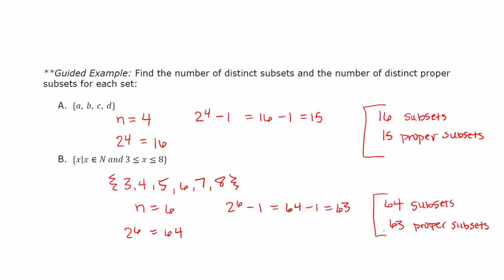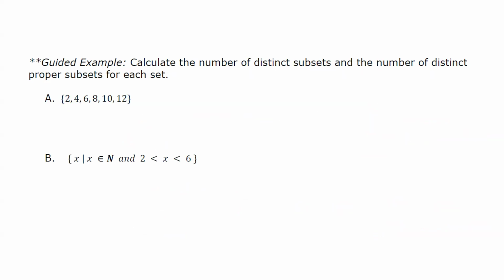Okay. All right. Let's do a couple more. Again, we're calculating the number of distinct subsets and the number of distinct proper subsets for each set. For our first one here, we have the set {2, 4, 6, 8, 10, 12}. So the number of elements here is 6. So 2 to the 6th power is 64. That is the number of distinct subsets.